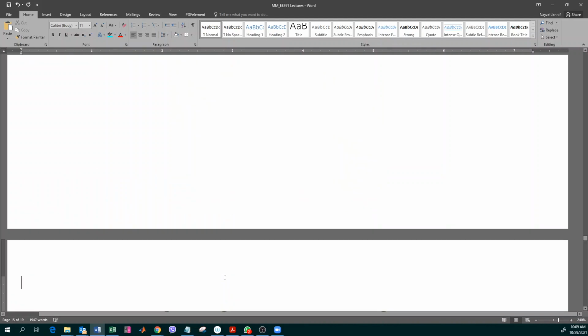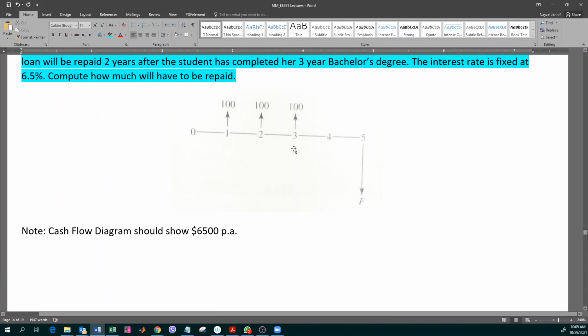Well, what we have here is this $6,500 in the first instance. We've got to find the future value from the first year, then the future value from the second year, then the future value from the third year.